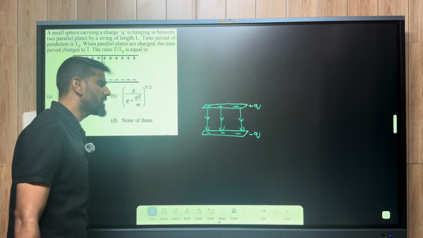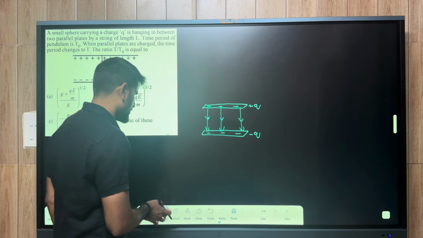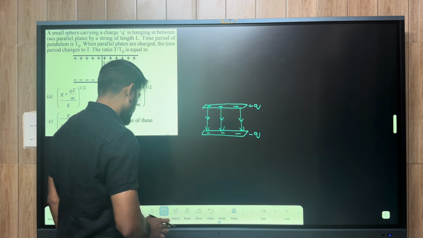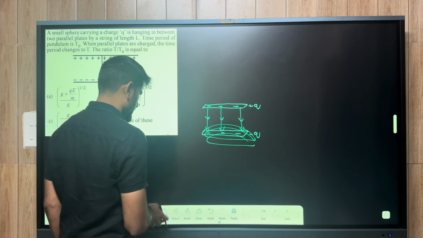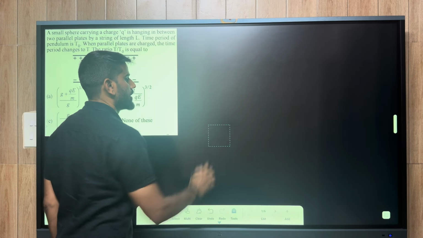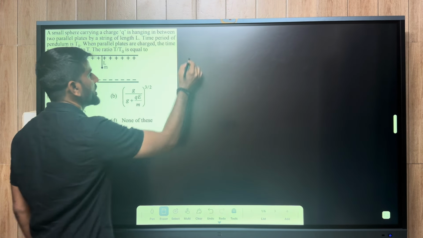So we have the uniform electric field. We have the plates here.